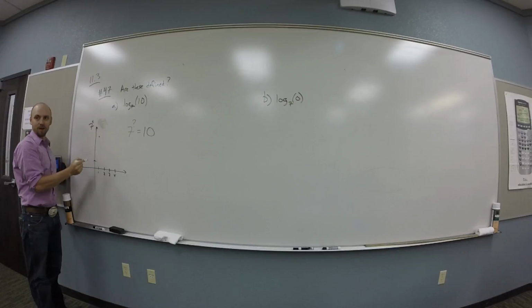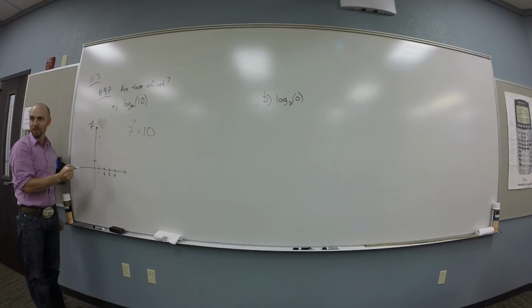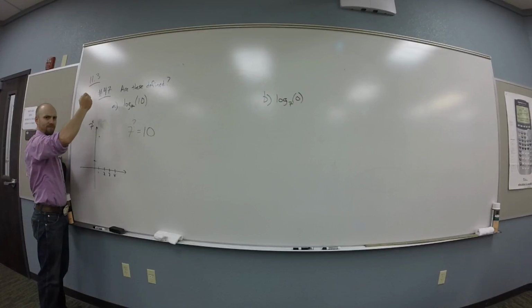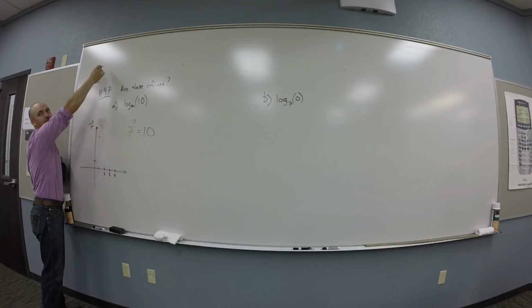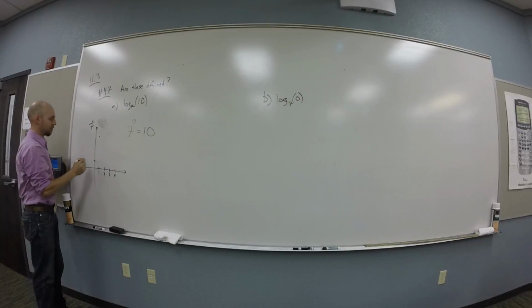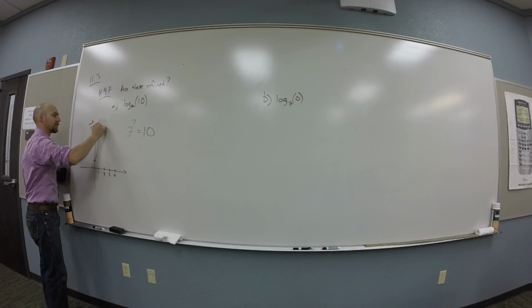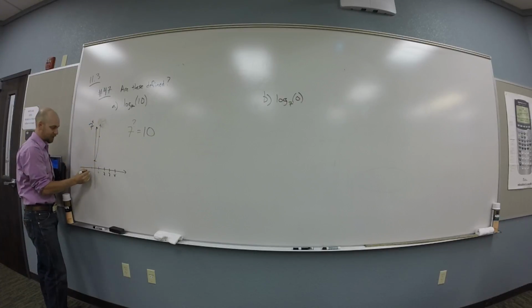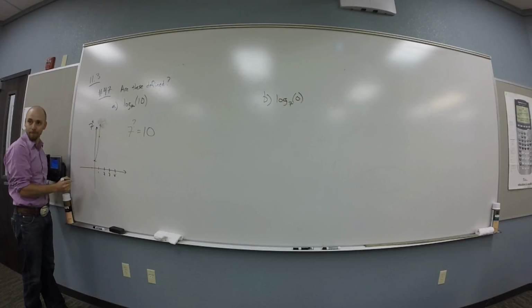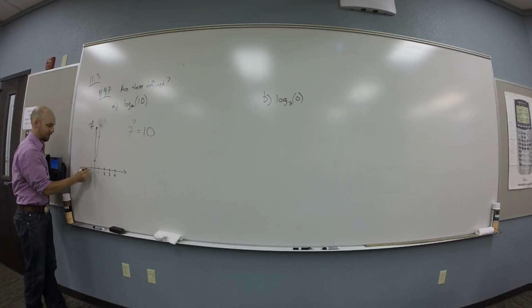Okay. Now my picture is going to get kind of wobbly, right? 7 squared is? 49. 49, which is way up here someplace, right? But this picture roughly is going to look like this. On the other side, what's 7 to the minus 1? 1/7. A 7th. And 7 to the minus 2 is?